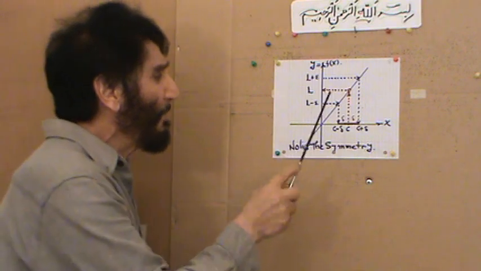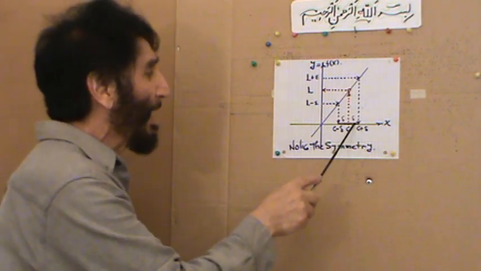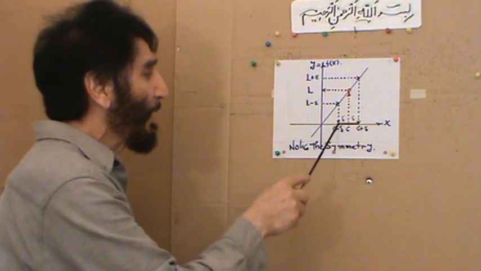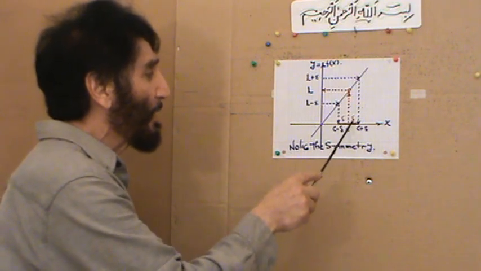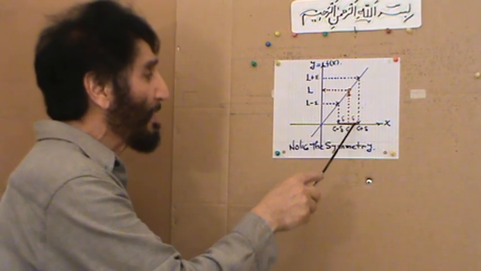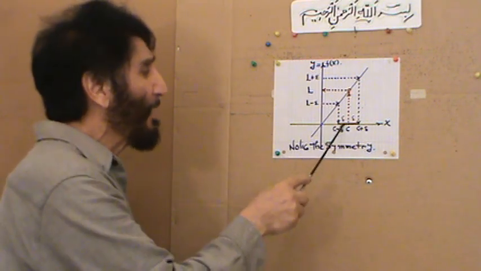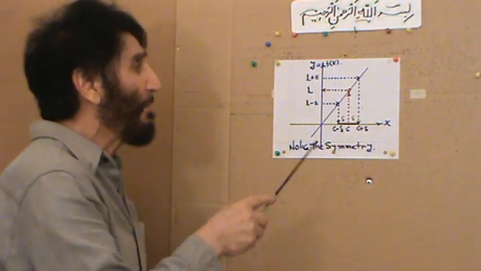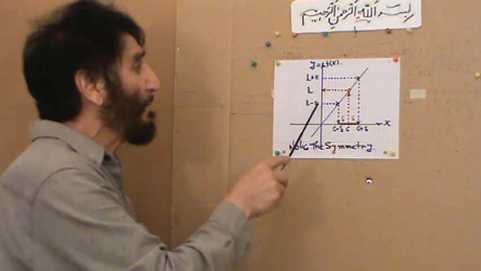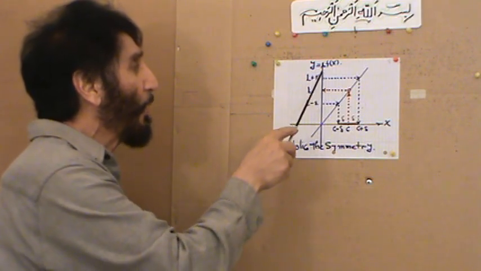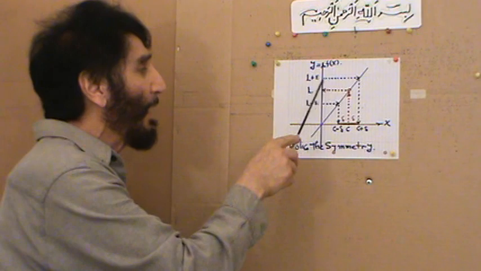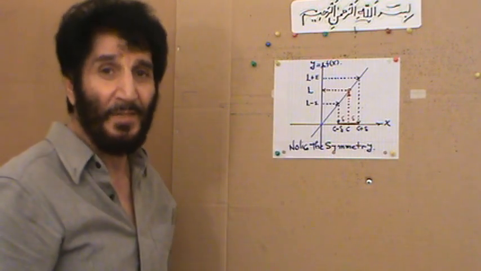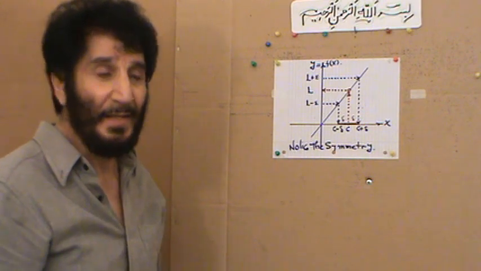Now, for every value that x can assume in this interval from negative delta to positive delta, any value x assumed, the function taking those values will land 100% within this L plus 1 and L minus 1 interval, 100%. If it didn't happen, then we have made something wrong. You will see that analytically.